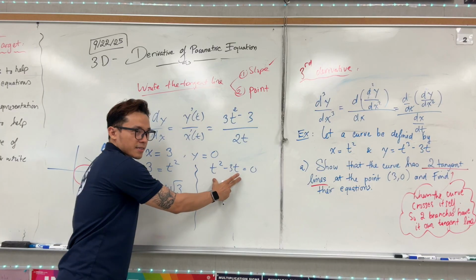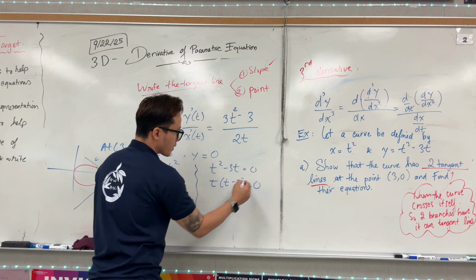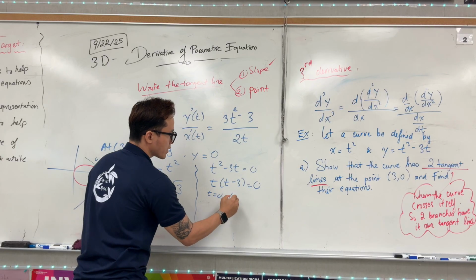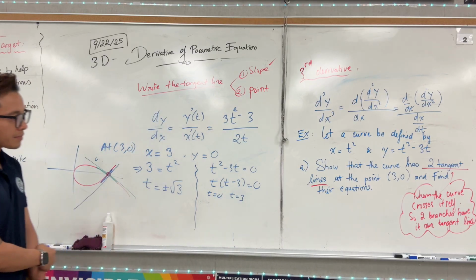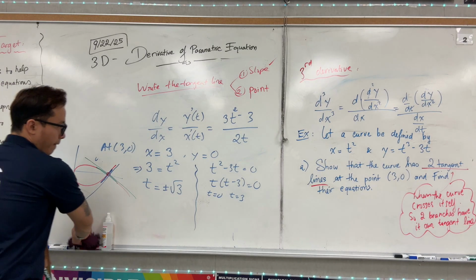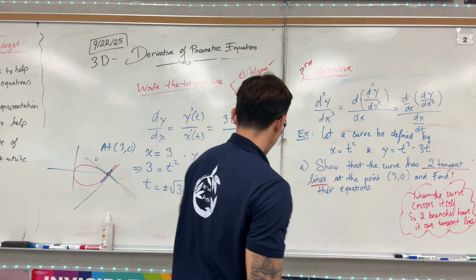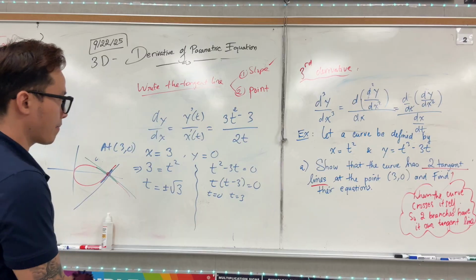Let's solve this one. t cubed minus 3t equal to 0. Why did you put t squared when it's t?